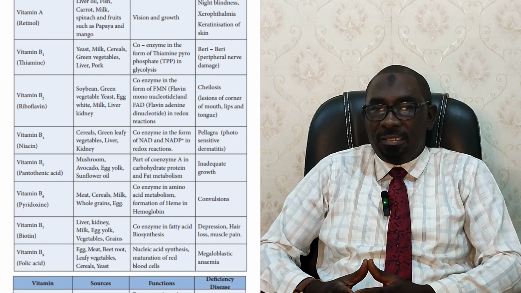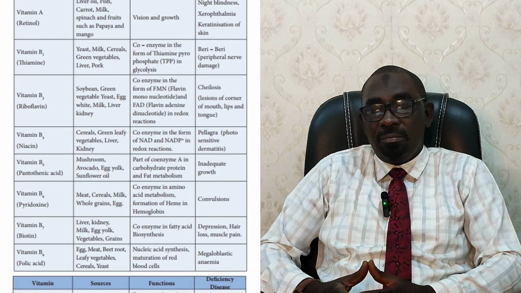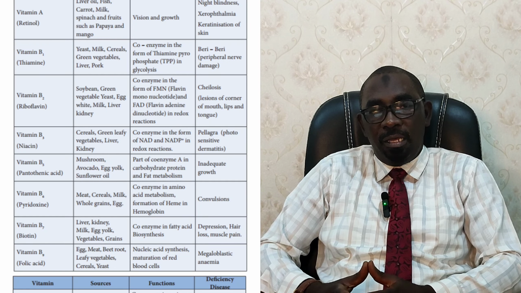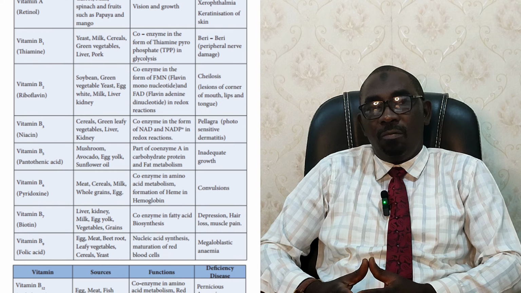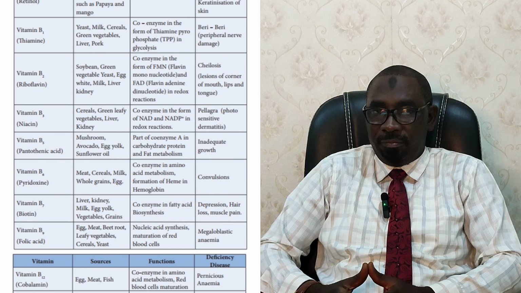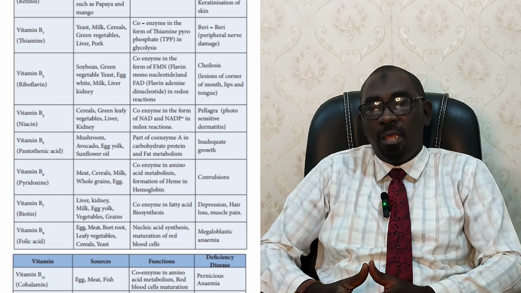They are not excreted. Once someone consumes them in his diet, the quantity required is utilized by the body, and the remaining is not excreted but stored in the fatty tissue.